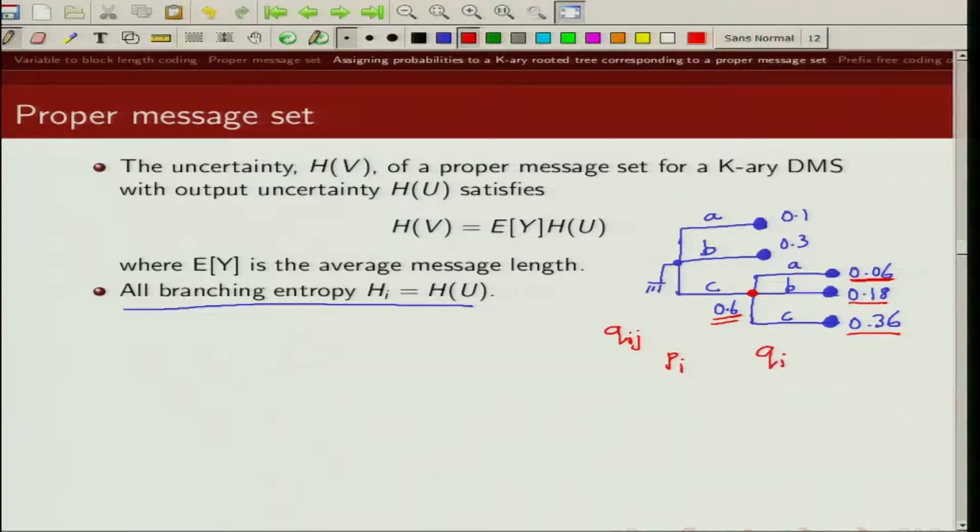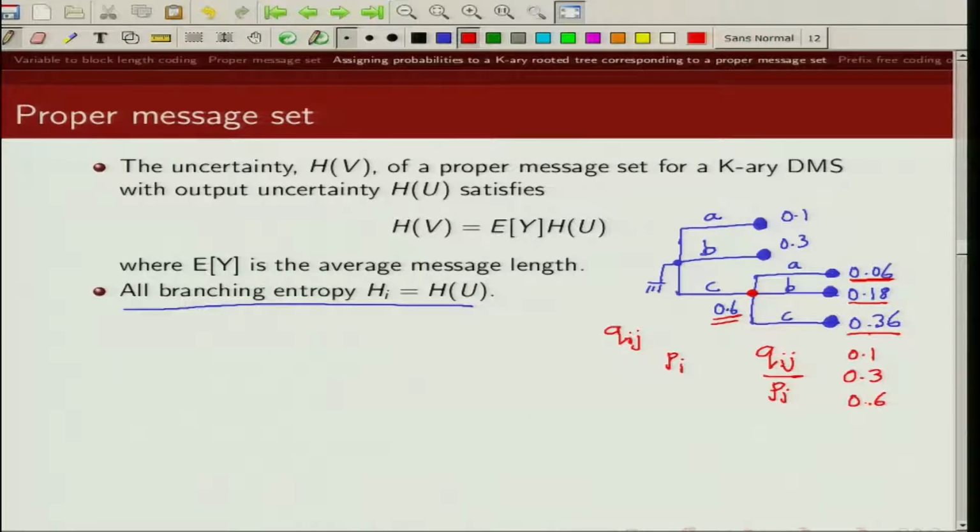This ratio Qij by Pi for this particular node is 0.06 by 0.6, which is 0.1, then 0.18 divided by 0.6 is 0.3, and 0.36 by 0.6 is 0.6.